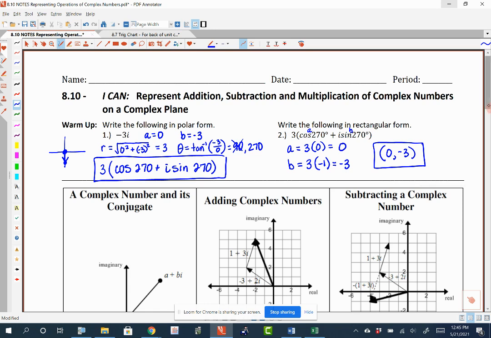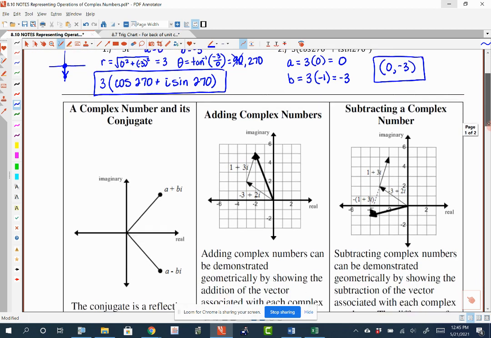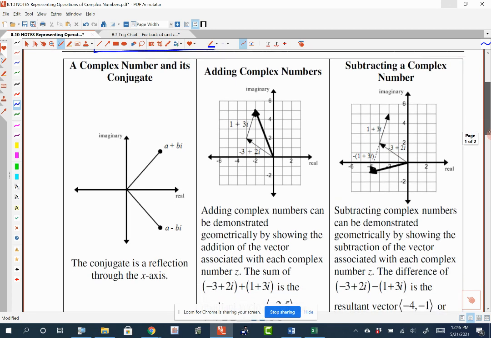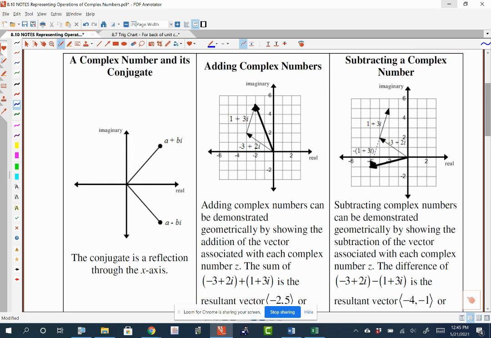We've got a couple of graphs to look at here. Today we're going to be representing complex numbers on the complex plane, but we're going to be looking at their operations, so addition, subtraction, or multiplication. So we're going to start with addition and subtraction. In this first column here, we have a complex number and its conjugate.